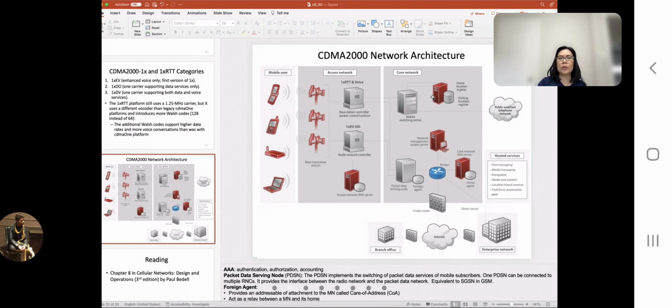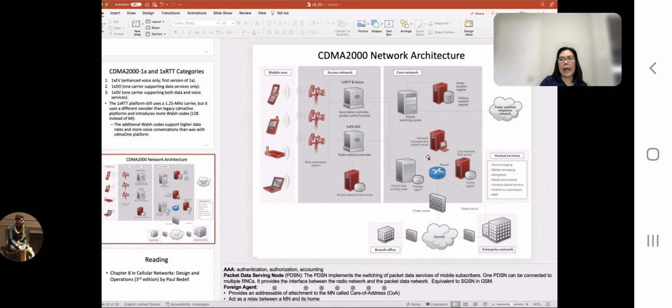This will be used for authentication, just like before. And there should be a gateway here, but I think they combine both into the mobile switching center, and it is connected to the public switched telephone network as before. This is the voice domain.